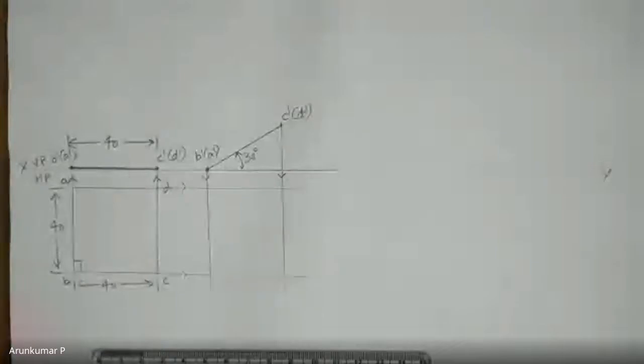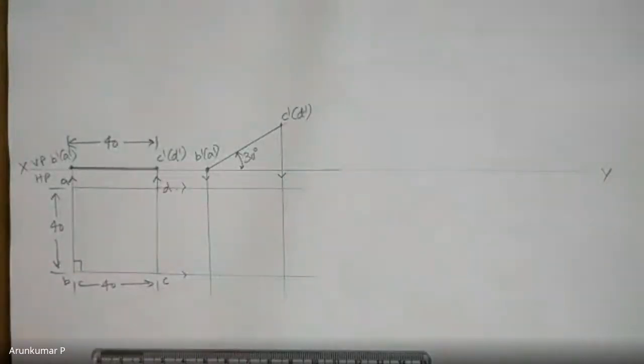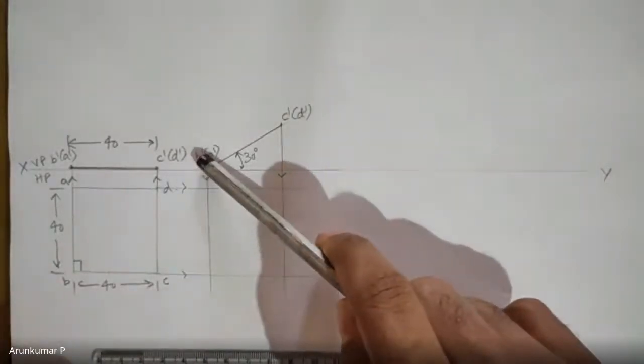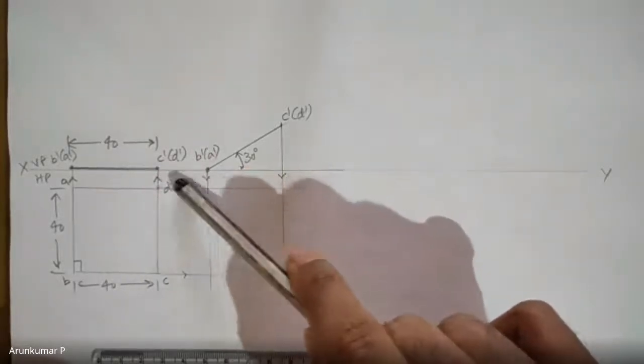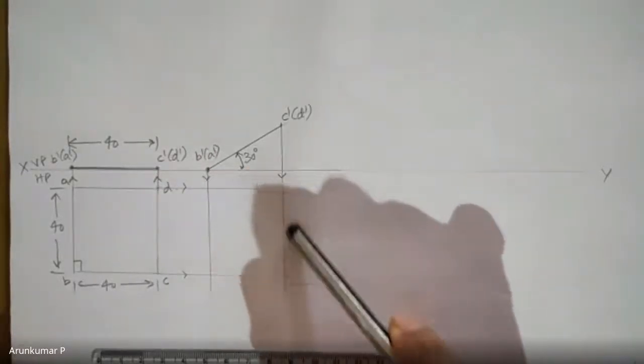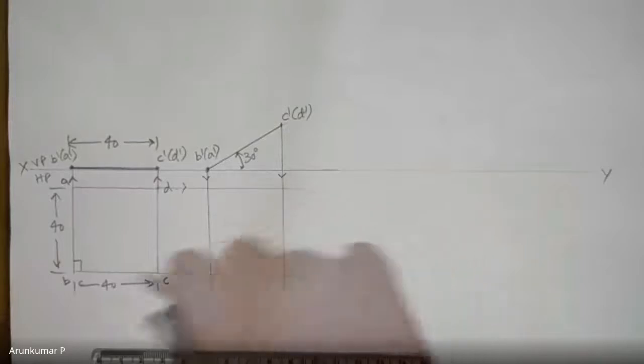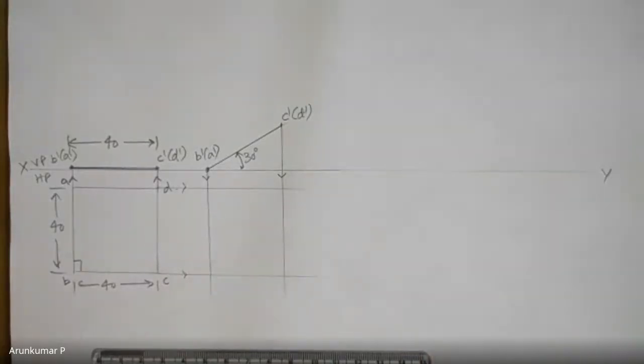Okay. Now, if you observed the words that I spoke, then you should be able to find out where is the top view. Wherever the intersection of the projectors is happening, the projectors of the front view and the projector of the top view, there you have to mark your intersection point. Okay, I'll show you how.